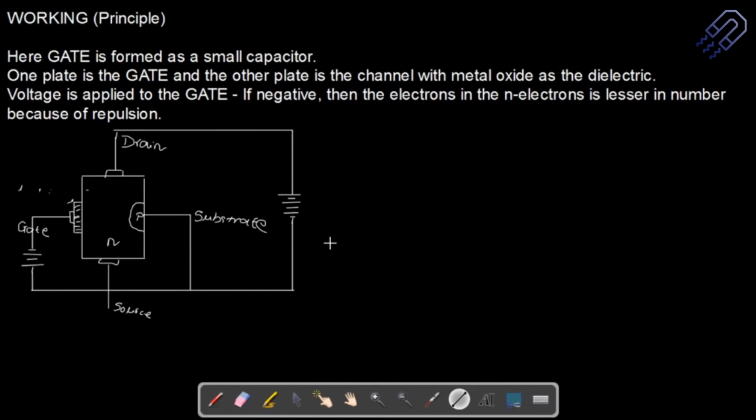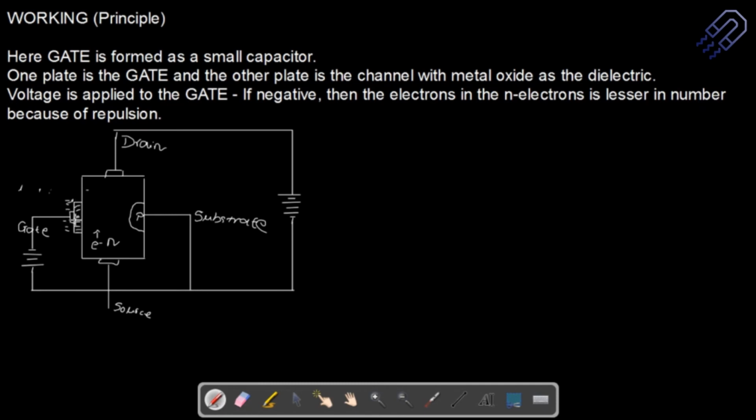Now let's get back to the statement of what voltage is applied to the gate, if we are just considering an N channel MOSFET. If it's negative, this gate will have a negative potential. On this plate we have the negative potential, and in the N channel we have the electrons, which are negative, trying to flow in this direction.